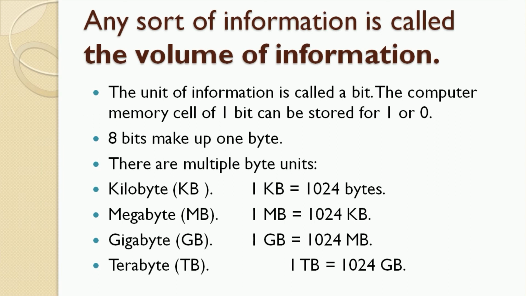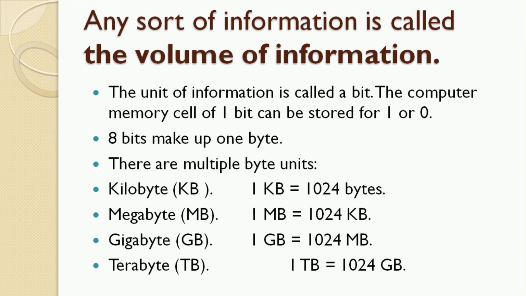And here we'll get introduced to the size of information. The amount of information is called the volume of information. The unit of information is called a bit. A computer memory cell of 1 bit can store 1 or 0. 8 bits make up 1 byte.